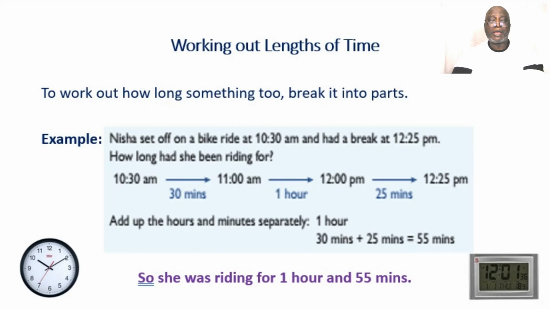And then from 11 a.m. to 12 p.m. is an hour. And then from 12 p.m. to 12:25 is 25 minutes. And then all we have to do is to add the minutes and then add them to the 1 hour, which will give us 1 hour and 55 minutes, which is the time she has been riding for.